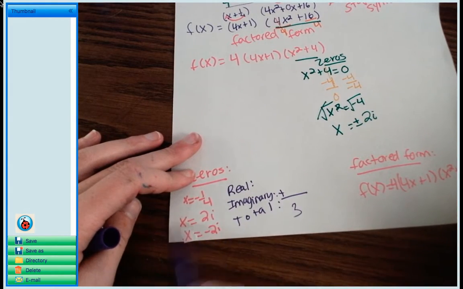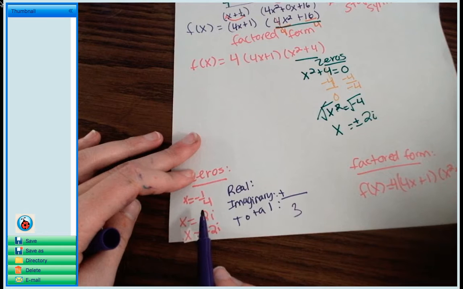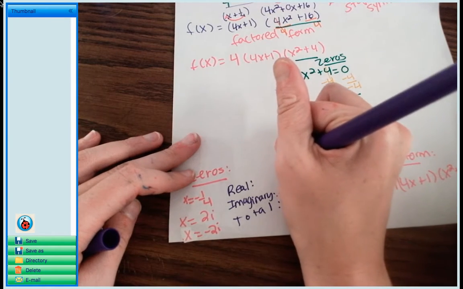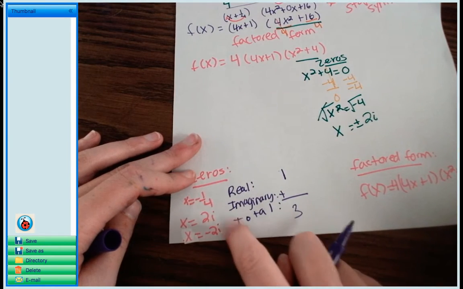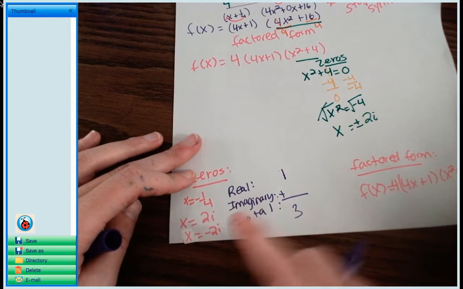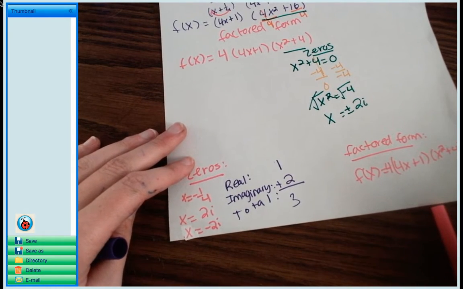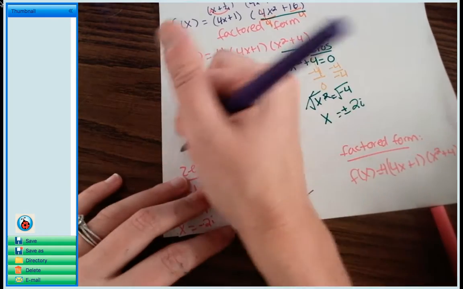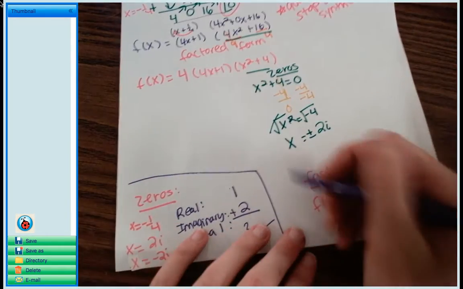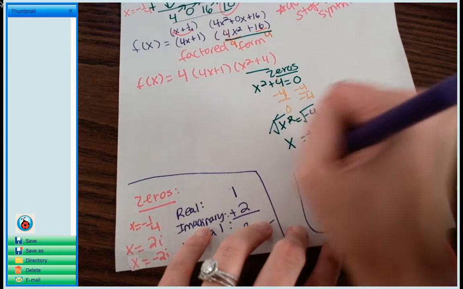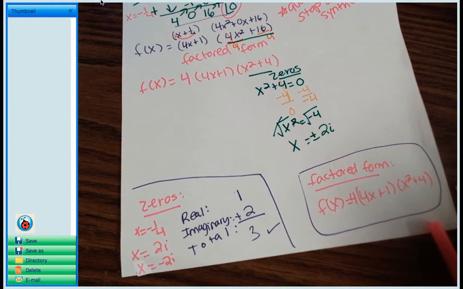Okay, the amount of real zeros, I have 1 real, because this one doesn't have an i. And I have 2 zeros with i's in them, which means I have 2 imaginary. And guess what, you guys? 1 plus 2 is 3. So yay, we did correctly, yay. So this is my zeros, and this is factored form. We did it! Yay!